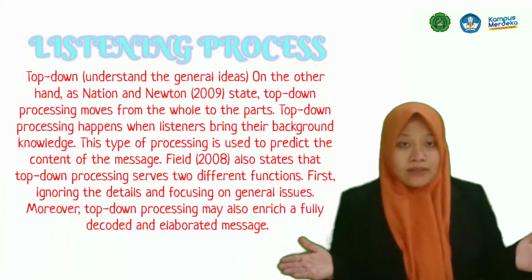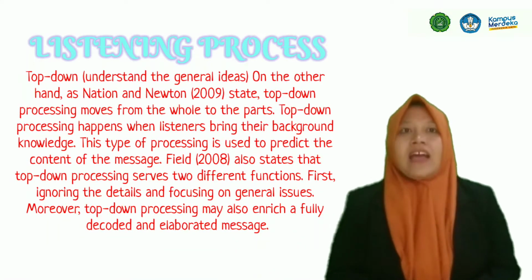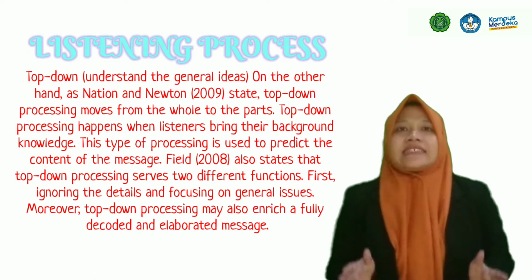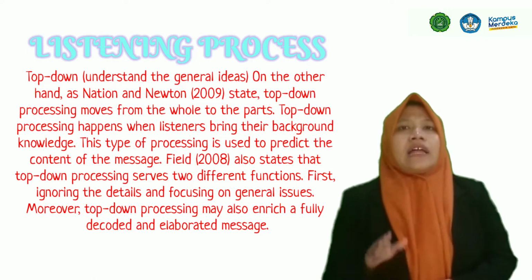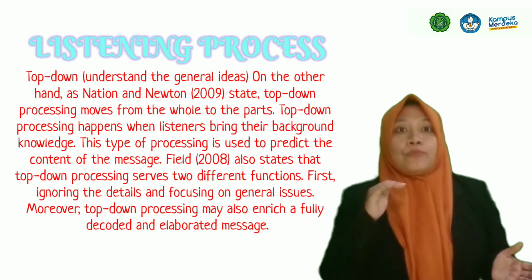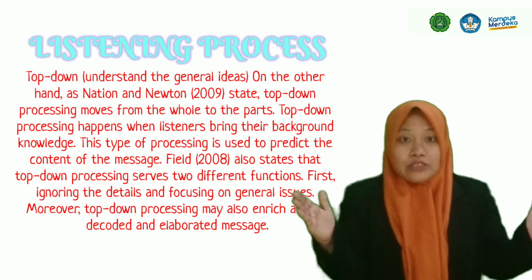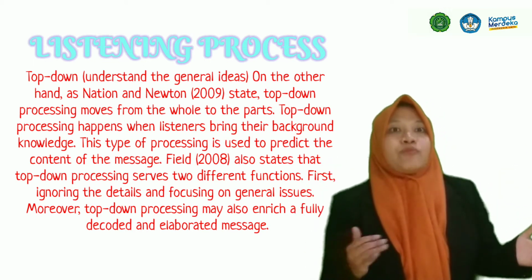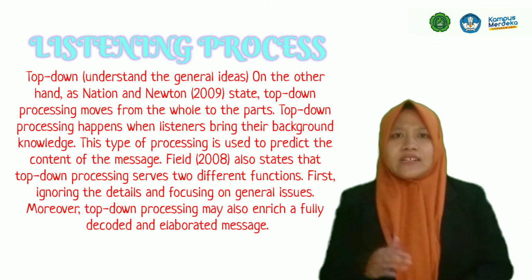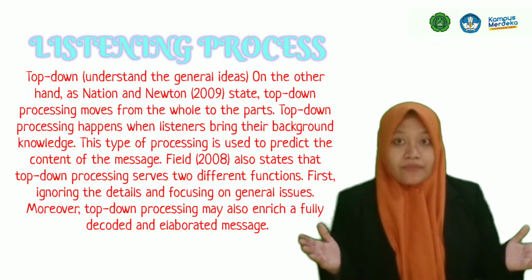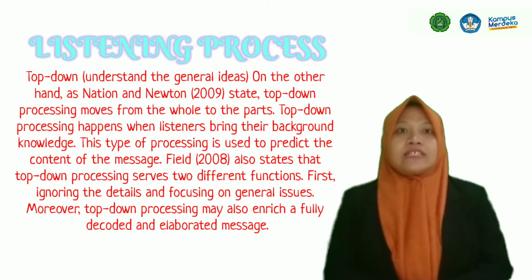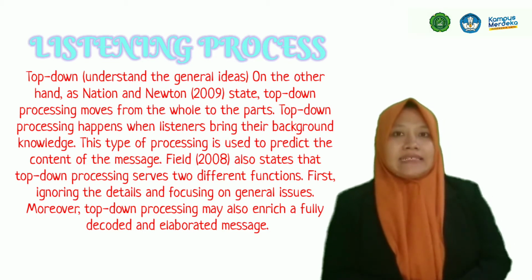So how about top-down? On the other hand, as Nation and Newton state, top-down processing moves from the whole to the part. Top-down processing happens when listeners bring their background knowledge. This type of processing is used to predict the content of the message.